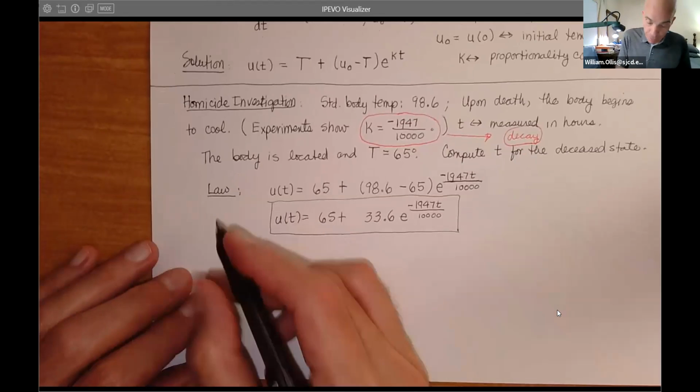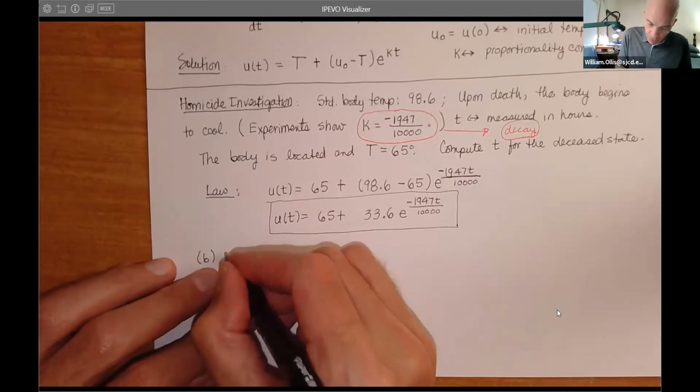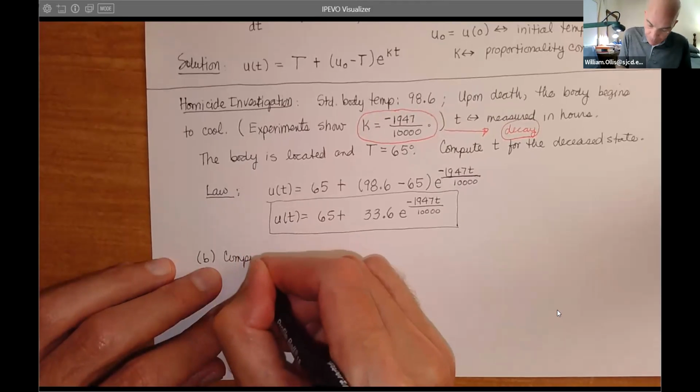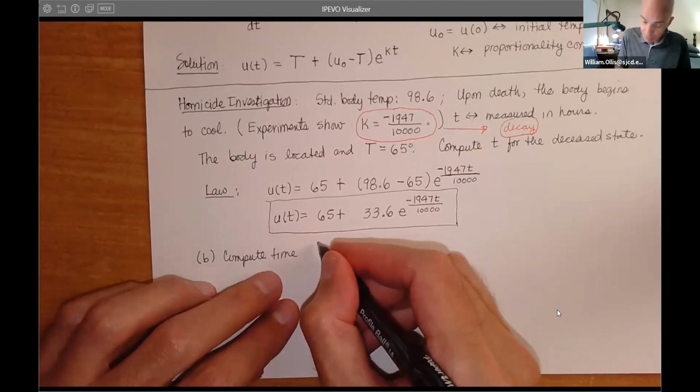And now part B, like I've said here, compute the time of death, or the time for the deceased state.